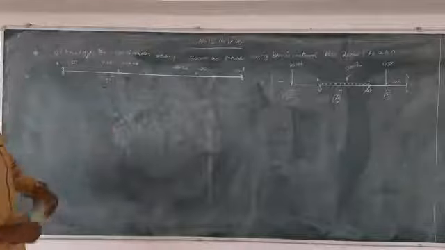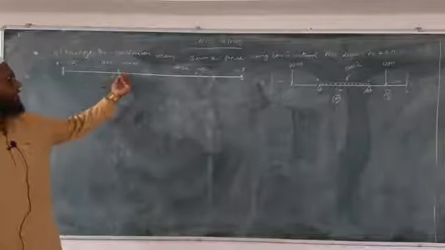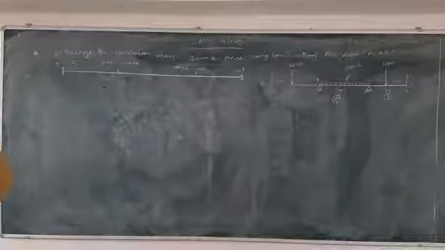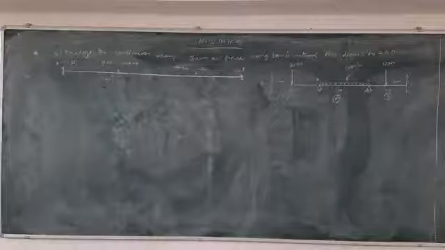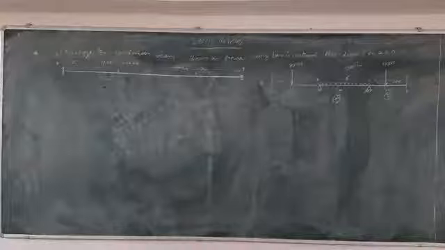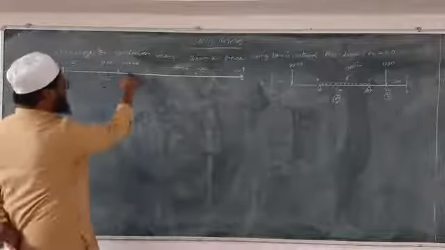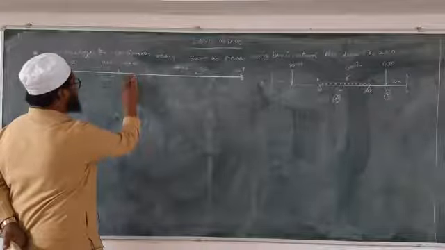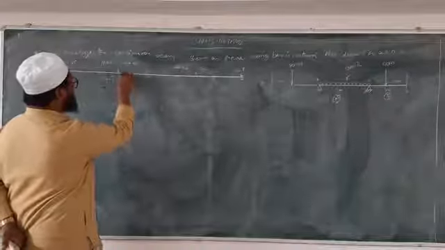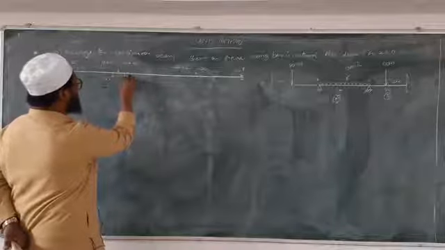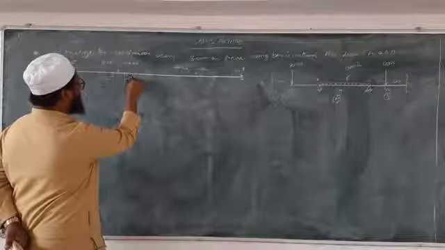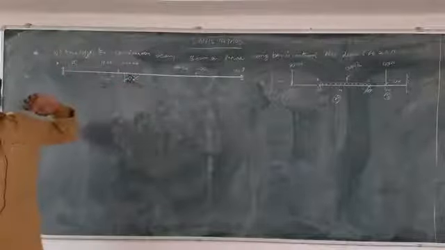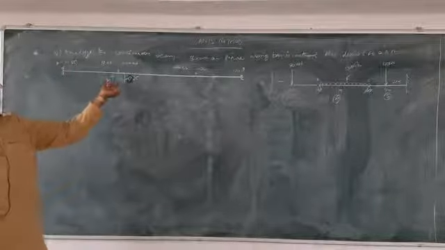Next, what is the rotation contribution for BC we got? Minus 0.25. Okay, below this I am writing minus 0.25. I am leaving a small space here.